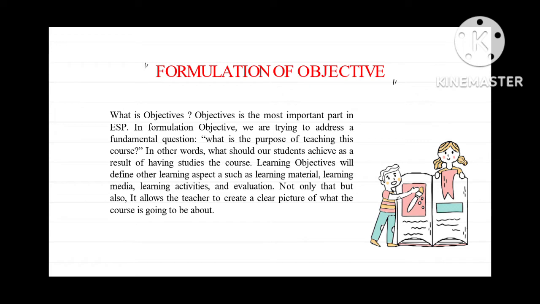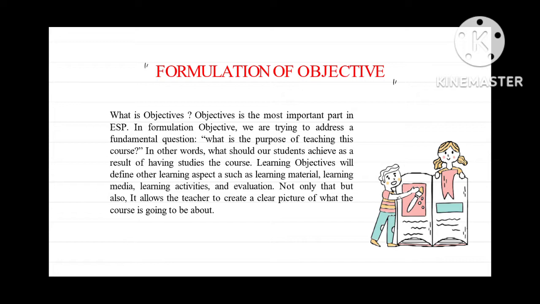What is formulation of objective? Objective is the most important part in learning English for specific purpose subject. In formulation of objective, we are trying to address a fundamental question: what is the purpose of teaching this course?